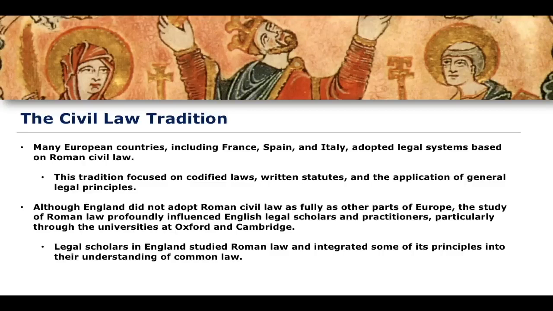And this distinction is based partly on history. It's based partly on the fact that England has a very different history to that of the rest of Europe. But it's also partly due to the fact that the Romans were much more heavily entrenched in continental Europe than they were in Britain.